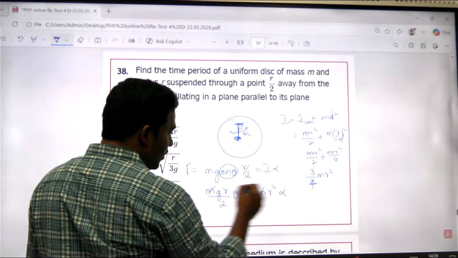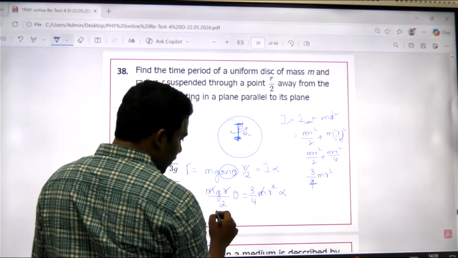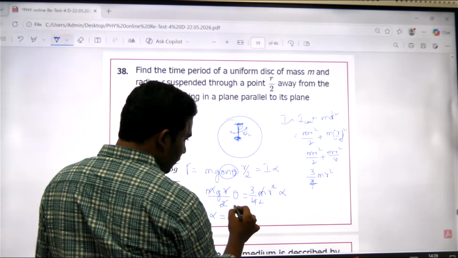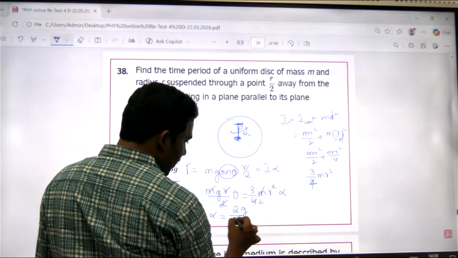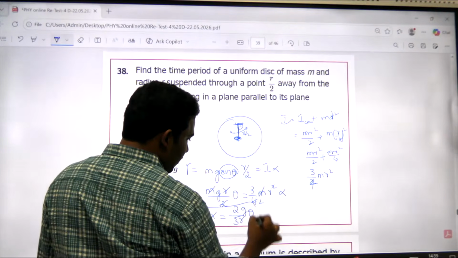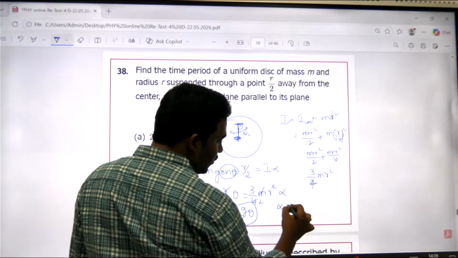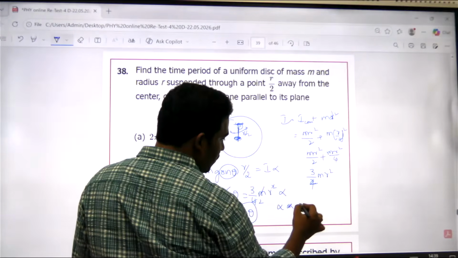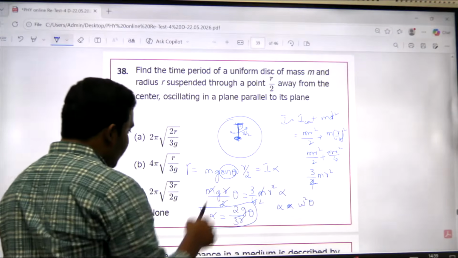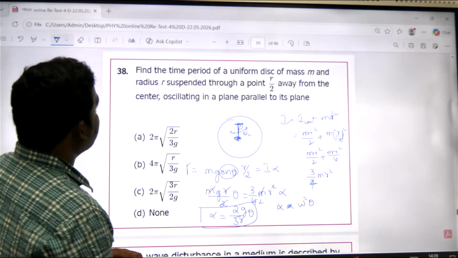Here m and r get cancelled out. Your alpha would be equal to 2g by 3r into theta. And for simple harmonic motion, alpha is directly proportional to omega square into theta. So your omega square is 2g by 3r. He's asking for the time period.